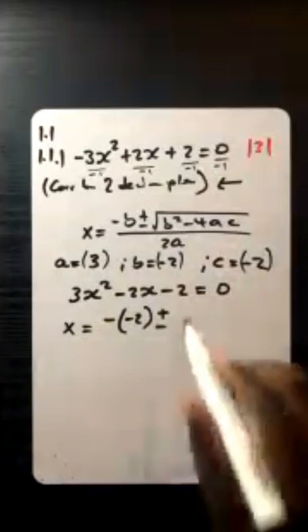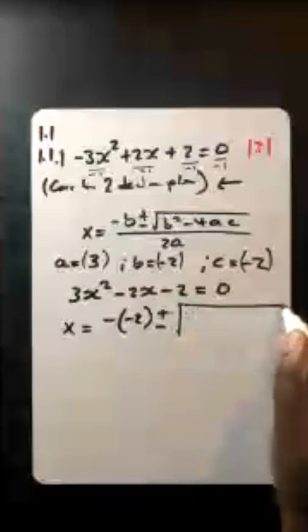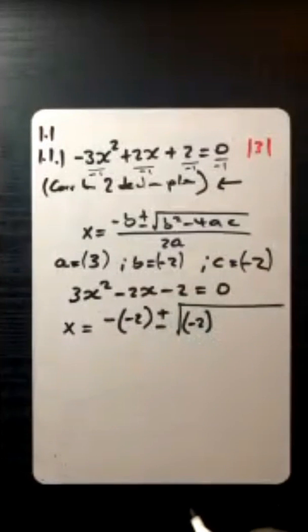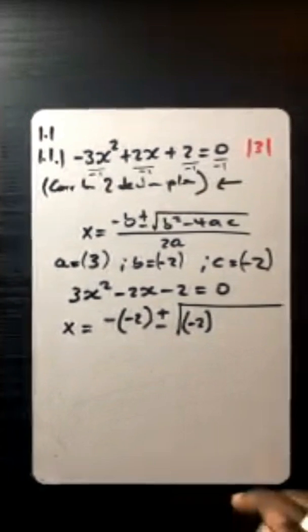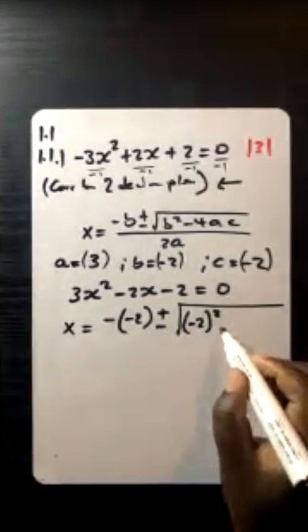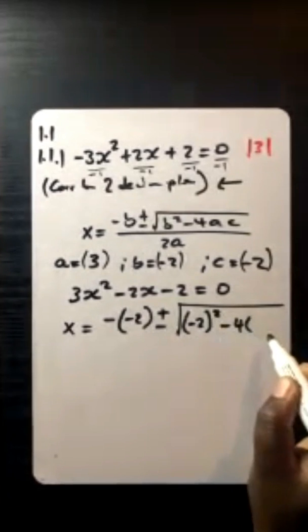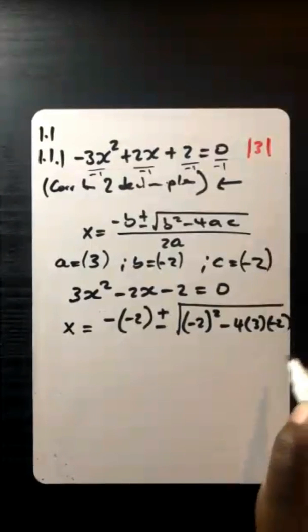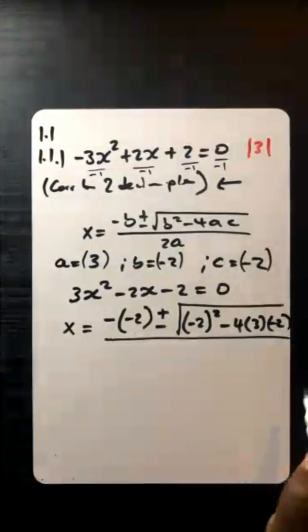All you do is just to substitute. So ladies and gentlemen, our B value is -2. Remember, guys, you are most likely to make a mistake when you substitute that part by forgetting a square over there. -4, our A value is +3, our C value is -2.